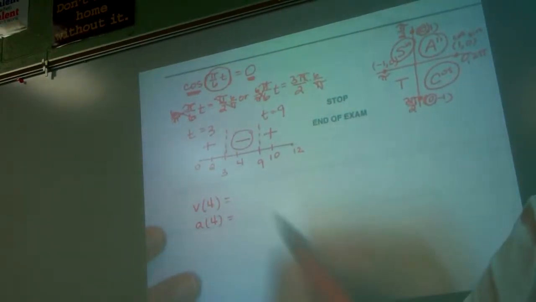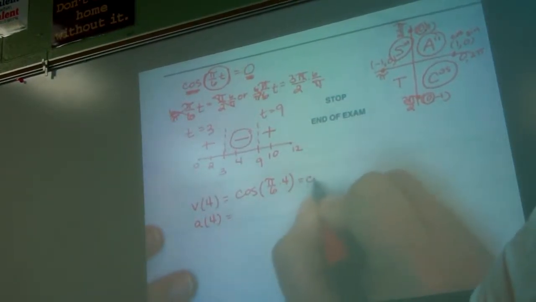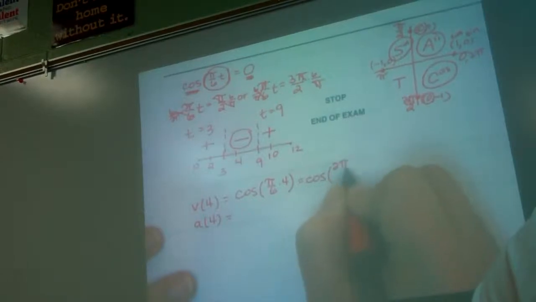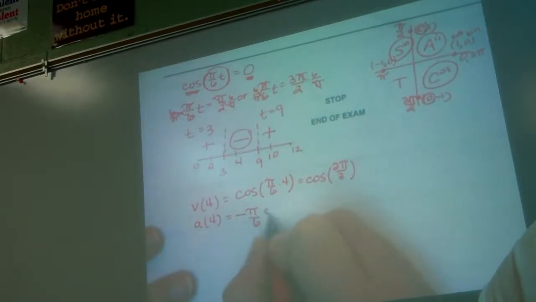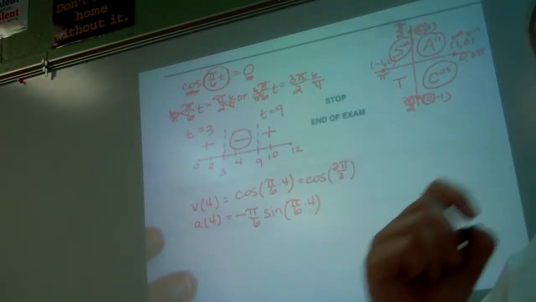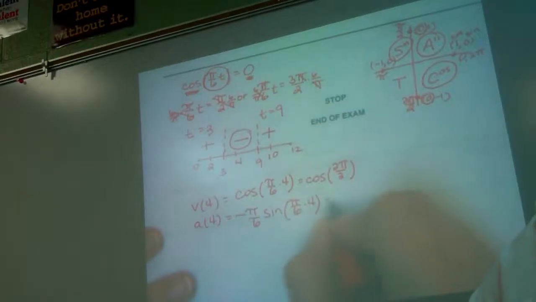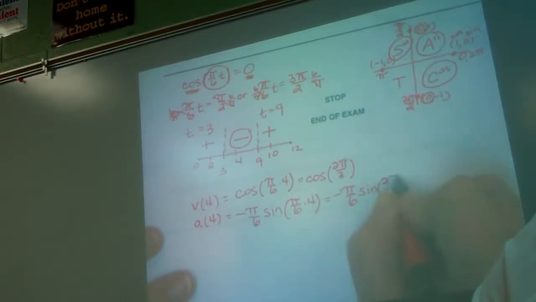So velocity at 4, if I plug 4 in, I get the cosine of pi over 6 times 4, which is the cosine of 2 pi over 3. And if I plug into acceleration, I get negative pi over 6 times the sine of pi over 6 times 4, which would be negative pi over 6 times the sine of 2 pi over 3.